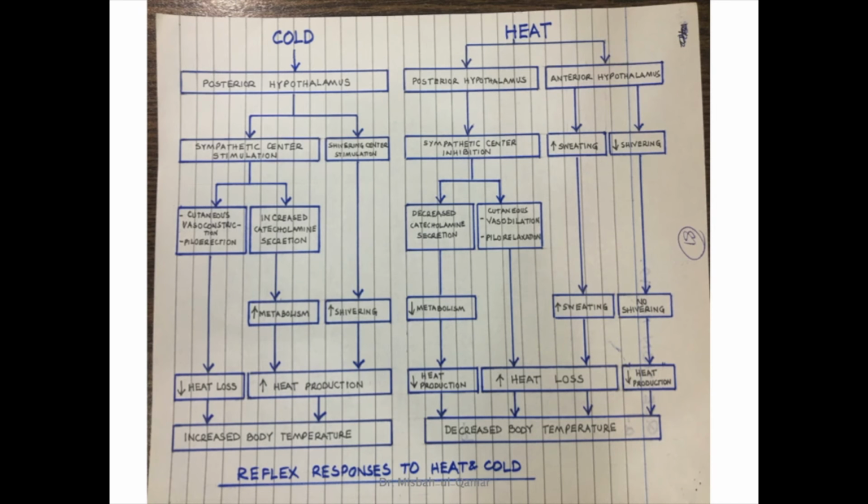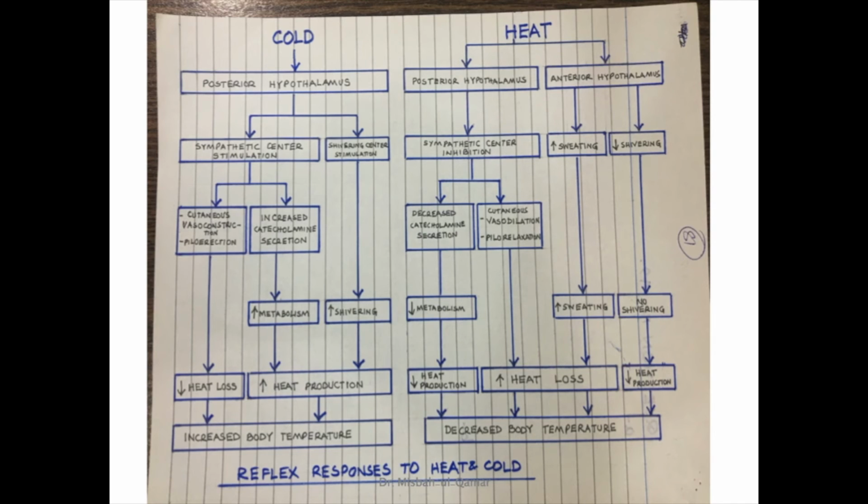Now, in order to understand how our hypothalamus plays a major role in thermoregulation, you can have a look at this flow chart, which should suffice as the answer to how the hypothalamus is involved in thermoregulation.